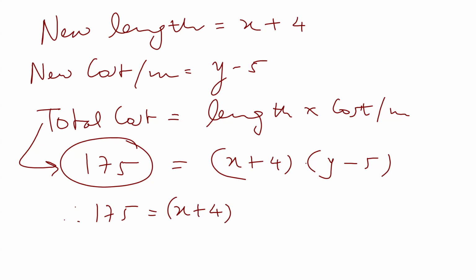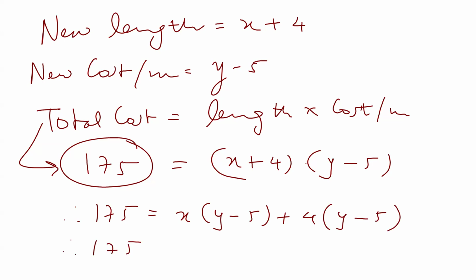Or rather, I'll just multiply the two brackets. x into y minus 5 plus 4 into y minus 5. Therefore, 175 is equal to xy minus 5x plus 4y minus 20.